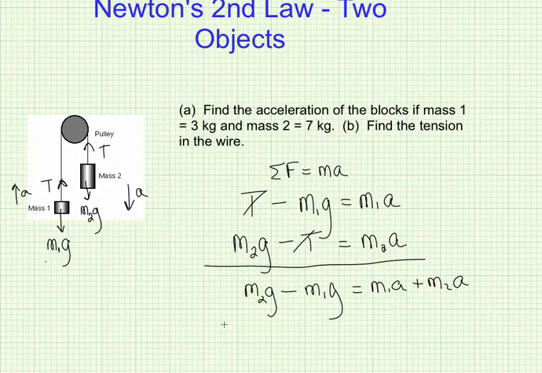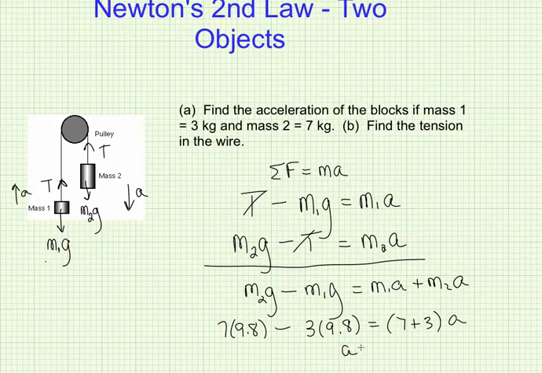So m2 we said was 7 kilograms, so I'm going to take 7 times 9.8 minus m1, which has a mass of 3, so 3 times 9.8. I always factor out the a, so that gives me 7 plus 3 times a. We can solve for our acceleration, which gives us 3.92 meters per second squared.